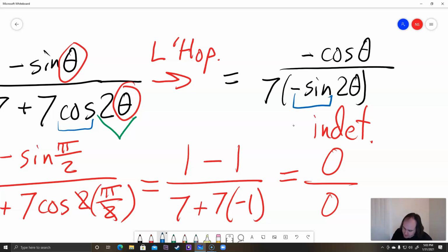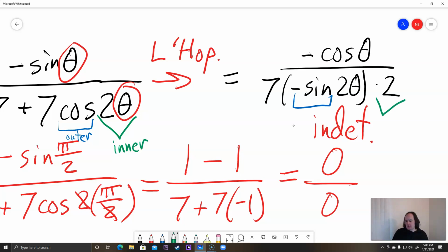So in blue there I have the outer function. And then we multiply this times the derivative of the inner function. Here our inner function is 2 theta, so the derivative of 2 theta is just going to be 2. So it's going to be times 2.